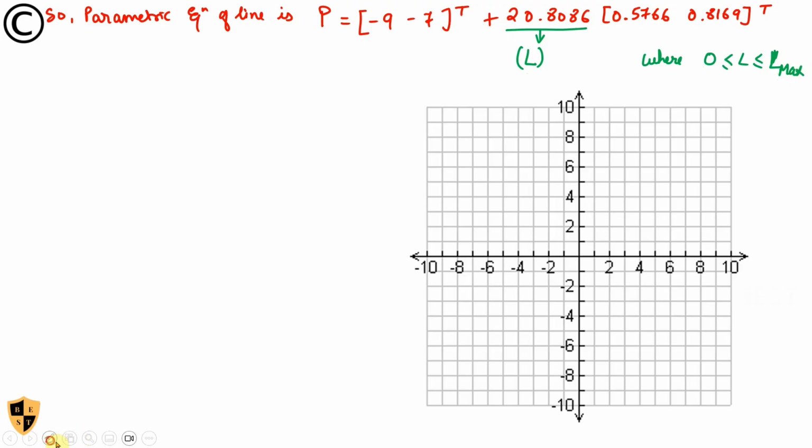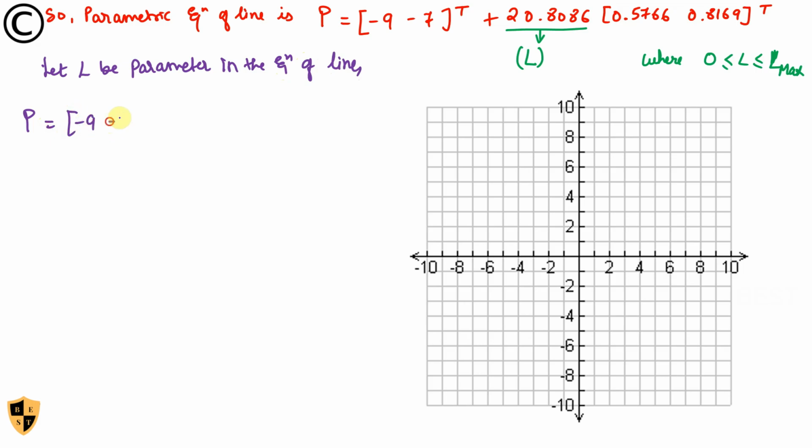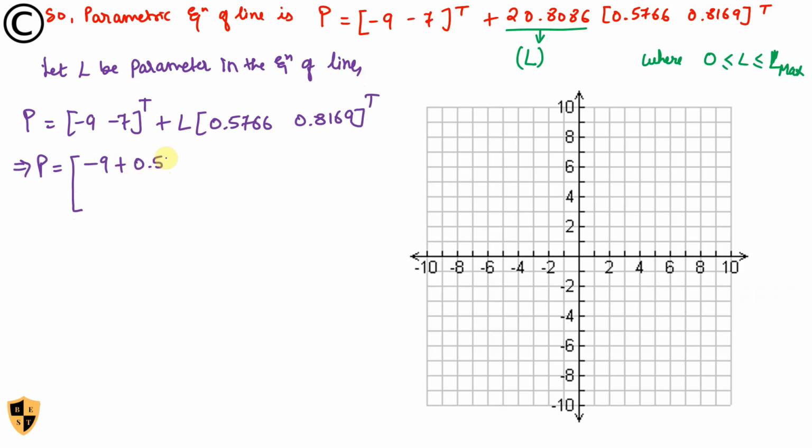We will put it as it is, L. So I can have minus 9, minus 7, plus L, and if you solve this, you will get the parametric equation as minus 9 plus 0.5766 L, minus 7 plus 0.8169 L.